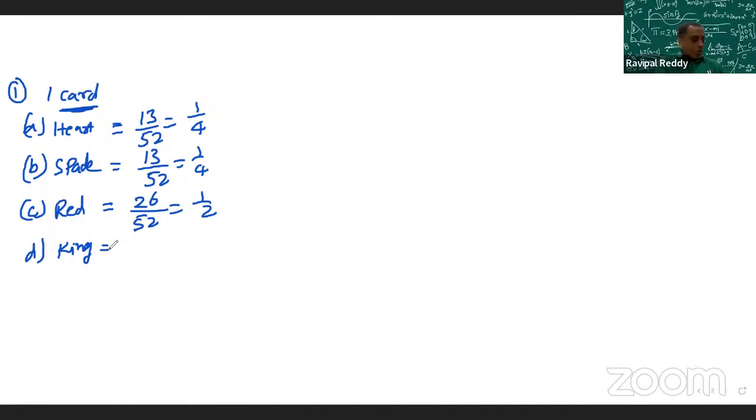How many kings are there? 4 kings, okay, but now I'm asking about the probability. Very good, 1 by 13 is the right answer. 4 kings are there. 4 by the total number of cards in the pack, 52. 4 ones are 4, 4 thirteens are 52. 1 by 13 is the right answer.